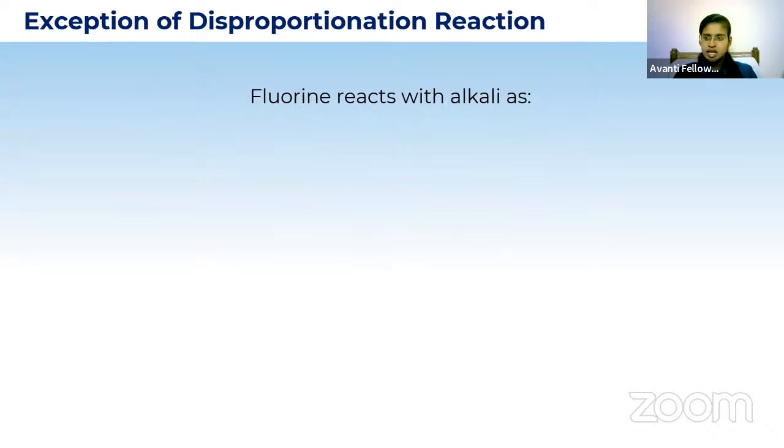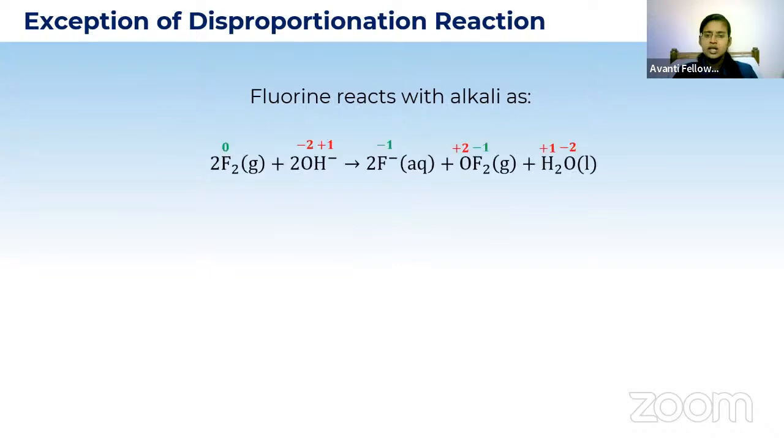It reacts with alkaline solution and gives F minus, OF2 and H2O. This is one of the reactions. But here you see fluorine is going from 0 to -1 in one compound, which means reduction. And 0 to -1 in another compound, which is also called reduction.